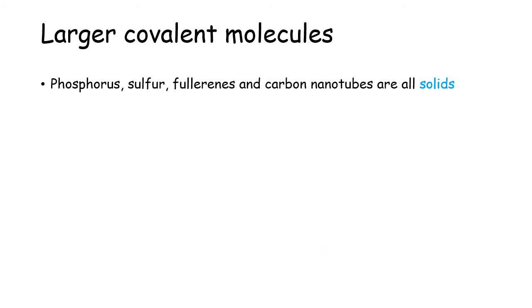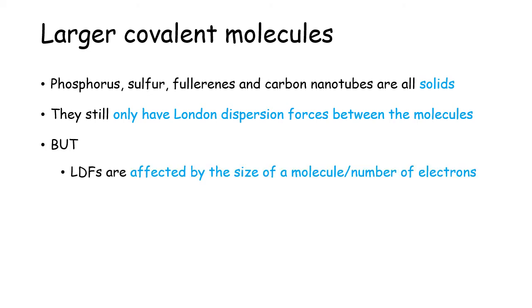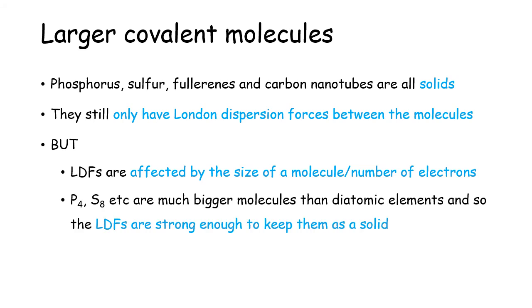Now with these, all 3 of those elements are solids, which is unusual for covalent molecules, as we usually associate them with being gases or liquids. And they still only have London dispersion forces between the molecules. But remember, London dispersion forces were affected by the size of a molecule or the number of electrons it has.